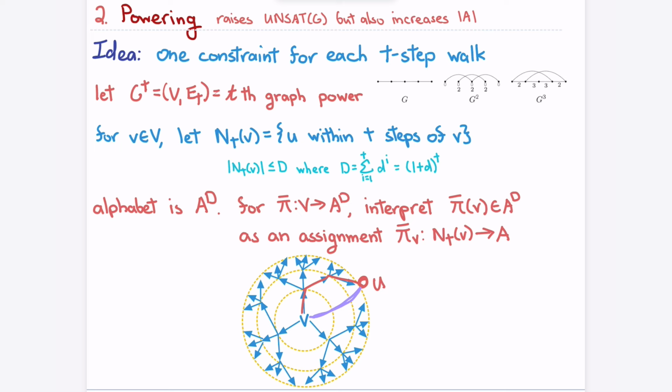Okay. So what we do is for each vertex, we take a random walk. Actually, we do a lazy random walk. And for each lazy random walk, we make a constraint that's sort of gluing all the constraints along the walk, taking the conjunction.